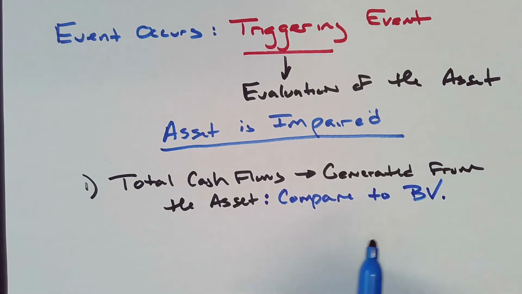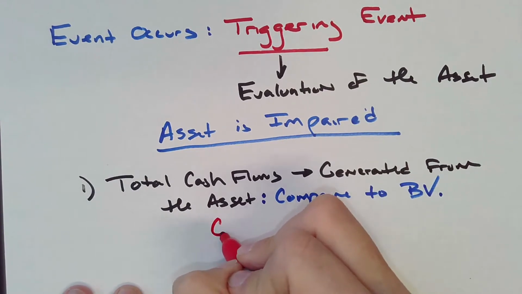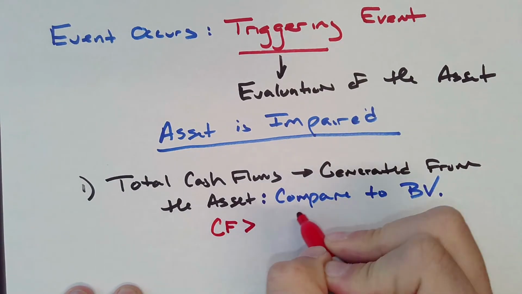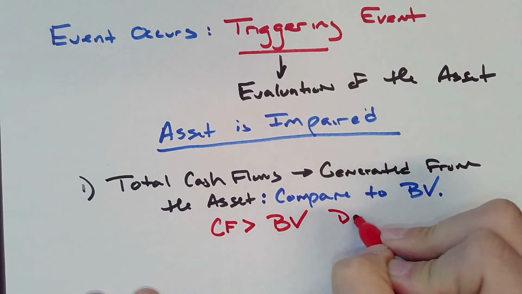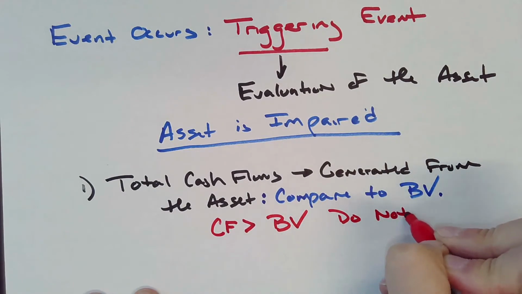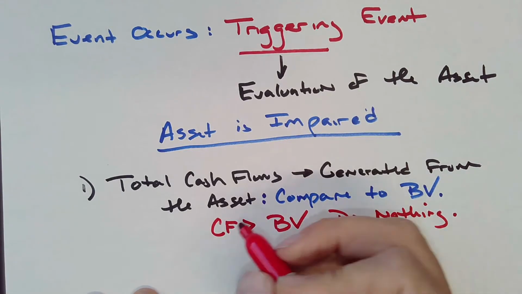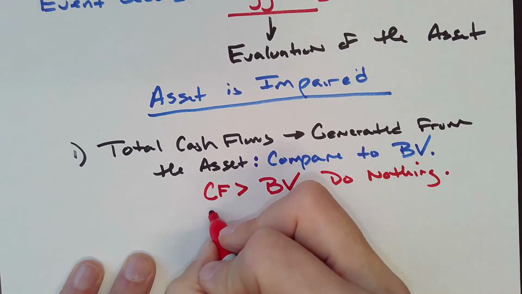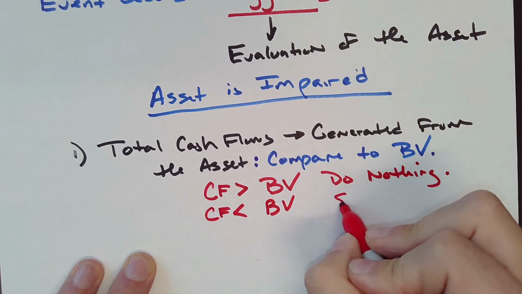If the cash flows are greater than the book value, do nothing. Okay? If the cash flows are less than the book value, step 2.